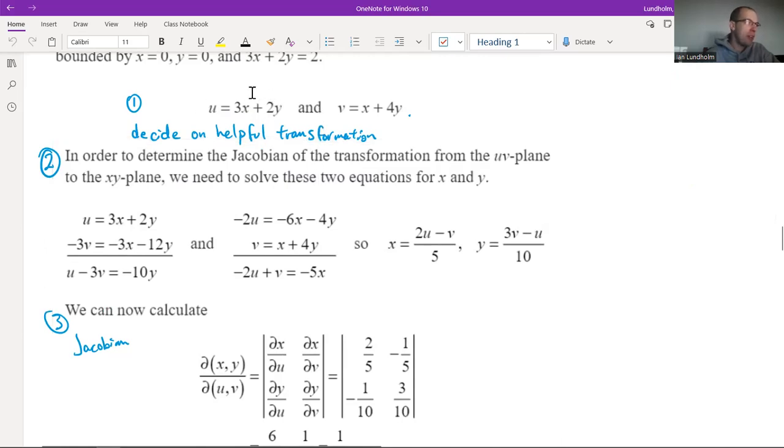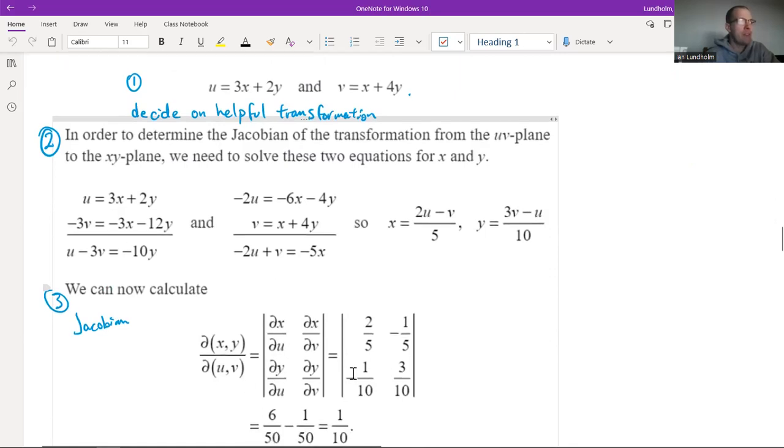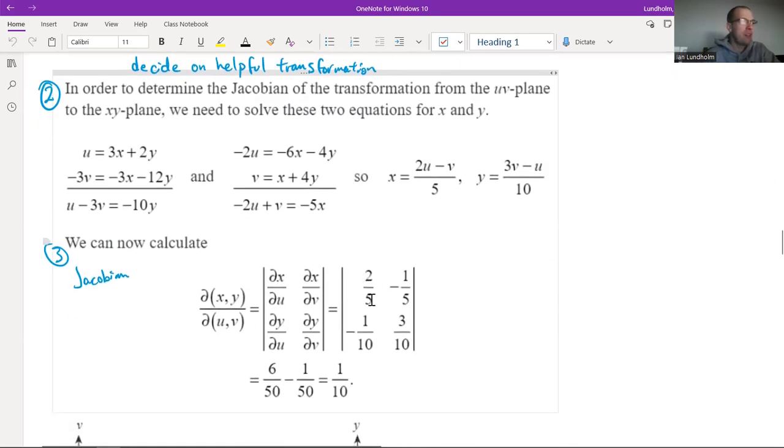Maybe multiply this equation by -2, so that when we add these two equations together, the y's drop out and we're just left with x. So solving for x and solving for y is a thing, and then we can take those partial derivatives and get 1/10 that way to find that scale factor between x, y, and u, v.